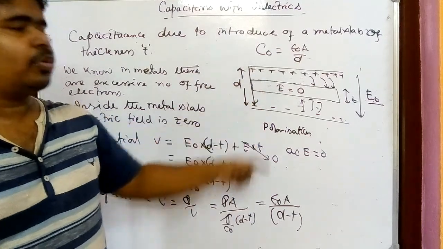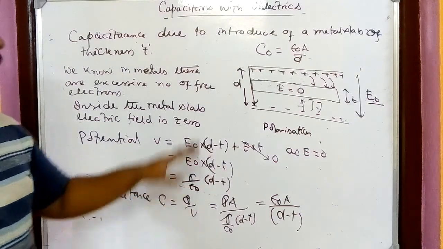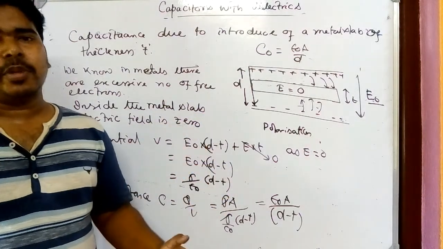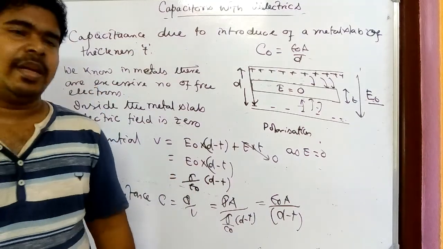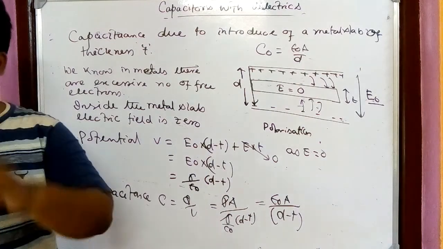If you connect them together, there will be no charge. So that's why we don't use a metal slab physically. We use a dielectric, because a dielectric is an insulator and cannot carry charge, but a metal slab can.